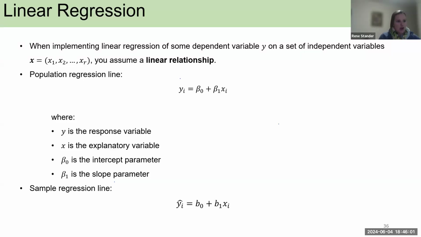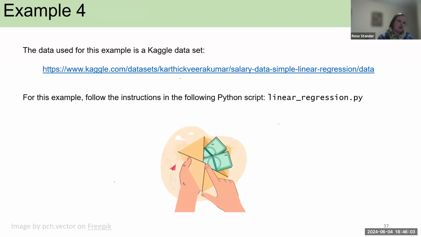For this example, we are going to use a Kaggle data set with salaries versus years of experience. So I'm going to see if there's a relationship between the years of experience and the salary in this data set.